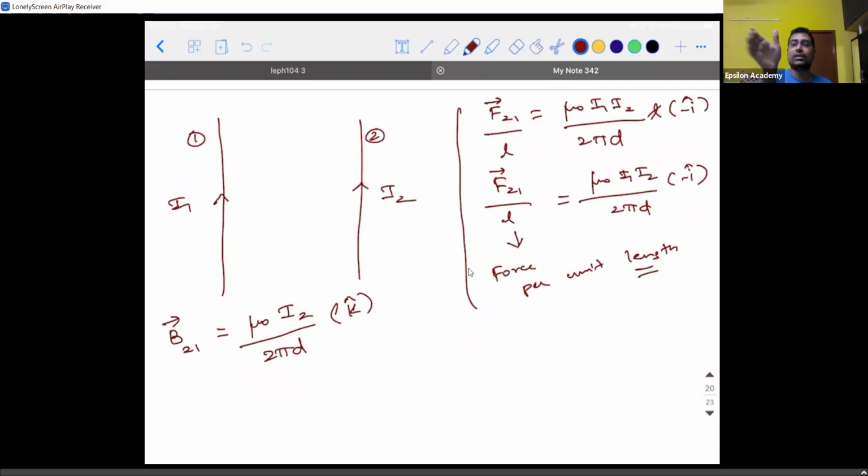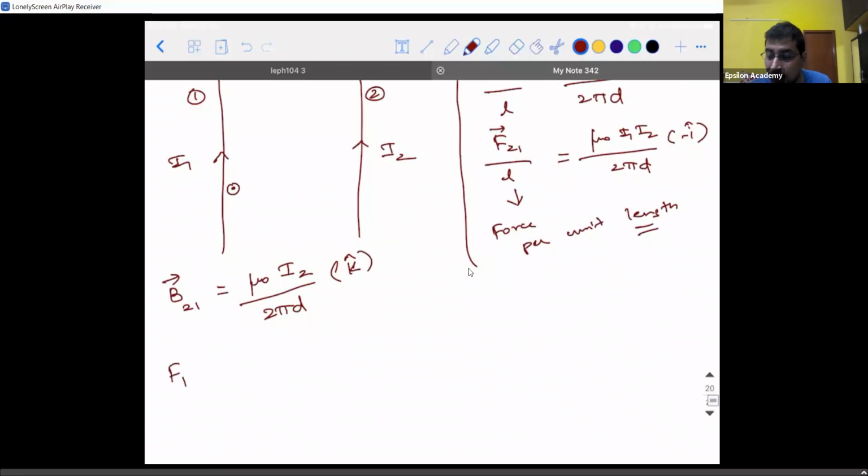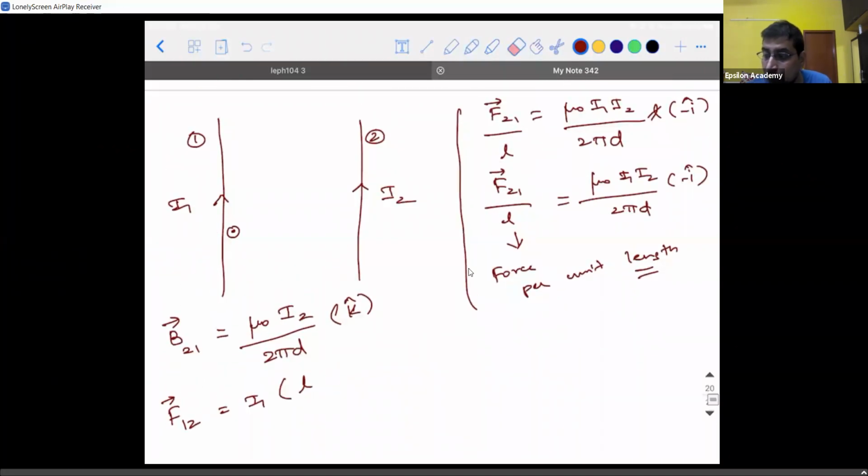So current is in this direction. When you curl your fingers on the left hand side, it is out of the plane. So here it is out of the plane. Now the first current carrying conductor is placed in the magnetic field due to the second. So F12 vector is equal to I1 into, I will again take a small portion L on top of it.